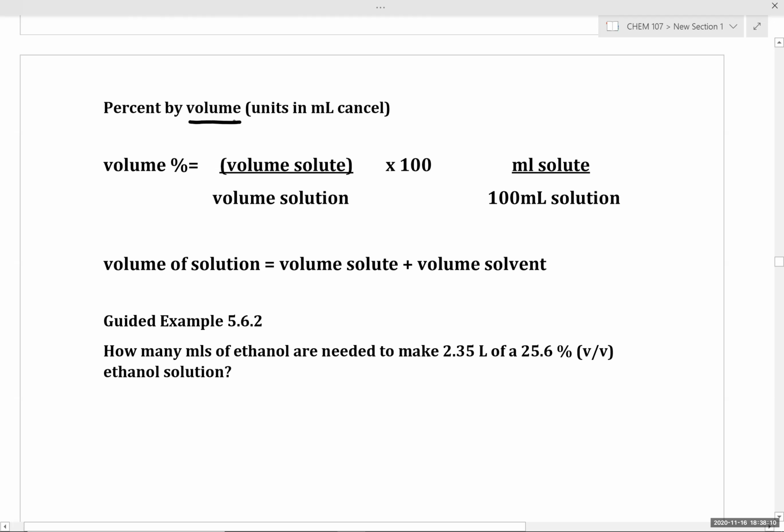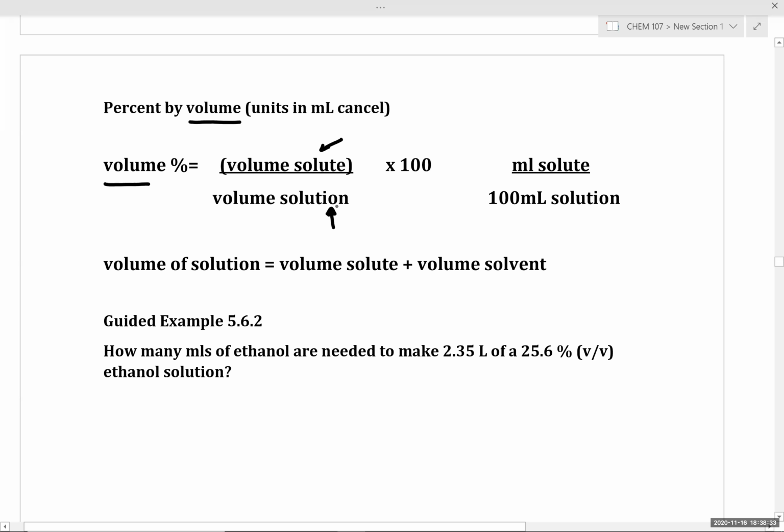Okay, so let's keep going now and let's look at a relative to mass percent, which is volume percent. This is commonly used when you have a solute that is a liquid at room temperature. So volume percent looks very similar to mass percent, but you have to remember that we're dealing with units of volume. So volume percent is defined as the volume of solute over the volume of solution.